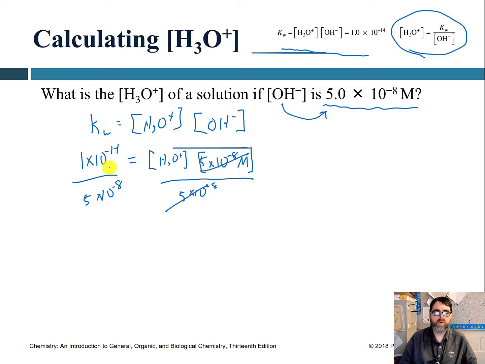At this point, I punch this into the calculator, and I get the concentration of H3O plus is equal to 2 times 10, it should be 2.0, so that it matches this in terms of number of sig figs. I'll point out that this also has 2 digits, so my final answer is 2.0 times 10 to the negative 7th molar.